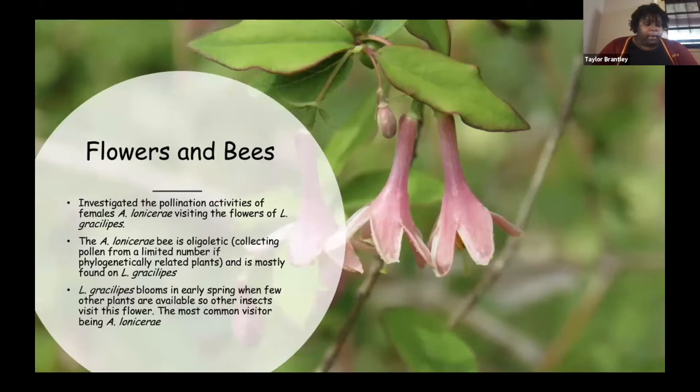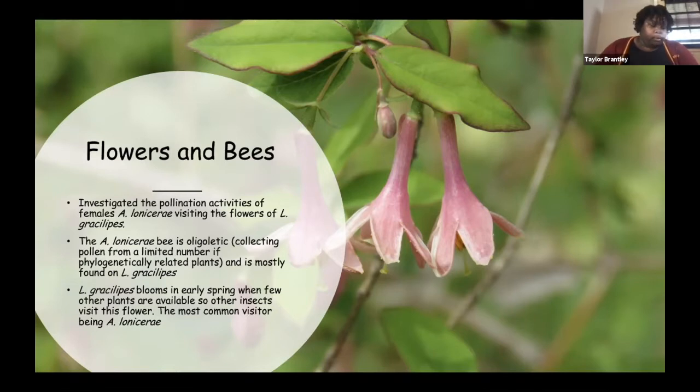So they investigated the pollination activities of the bees belonging to the species A. lanicerae, visiting the flowers of L. gracilipes. A. lanicerae is oligolectic, meaning the bees collect pollen from a limited number of phylogenetically related species, and is mostly found on L. gracilipes.